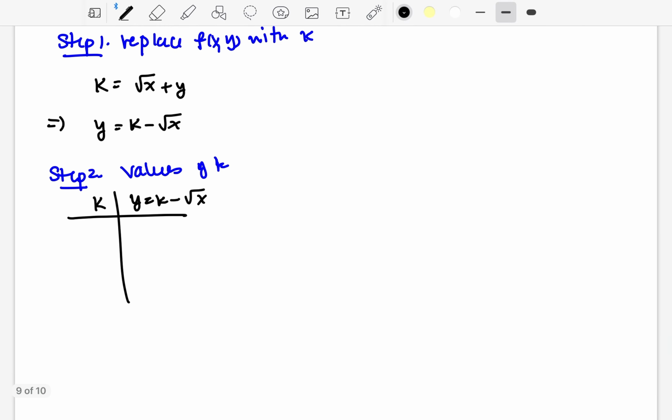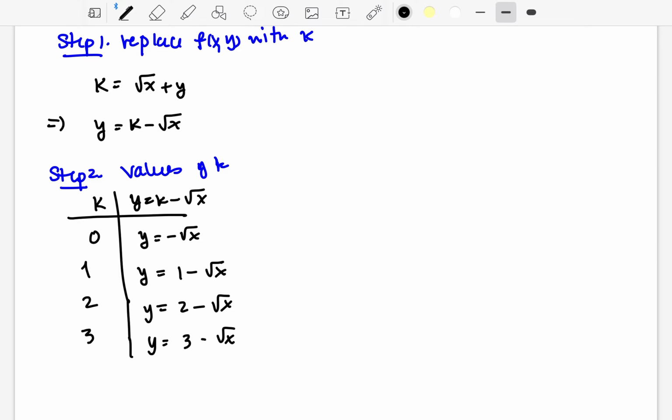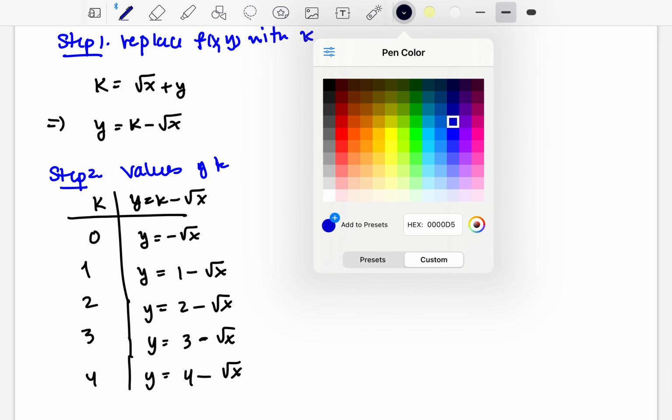I'll make k 0, so that will be y equals negative root of x, or I do k equals 1, then y is equal to 1 minus root of x, or k equals 2, y is equal to 2 minus root of x, and then y is equal to 3 minus root of x, and then y is equal to 4 minus root of x, okay? So you have to know what the graph of negative root of x looks like.